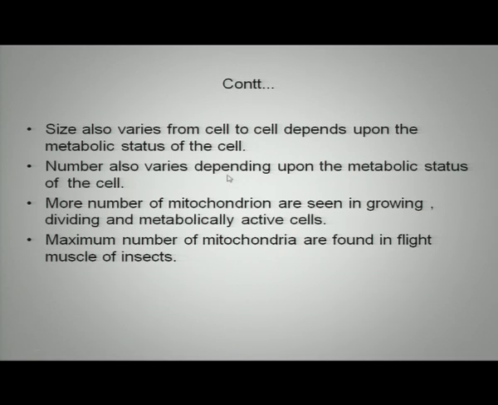If a cell is metabolically very active, then it contains a large number of mitochondria. The number will also vary with respect to the metabolic status of the cell. They are seen in more numbers in a metabolically active cell, as well as in a growing cell and in a dividing cell.